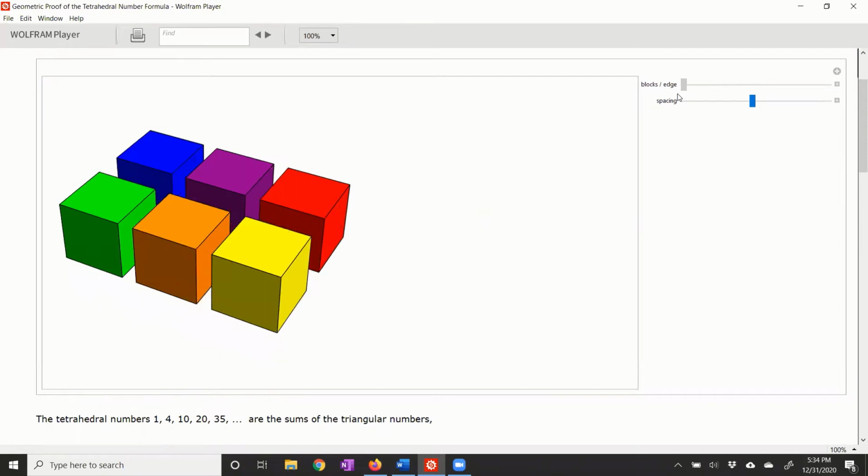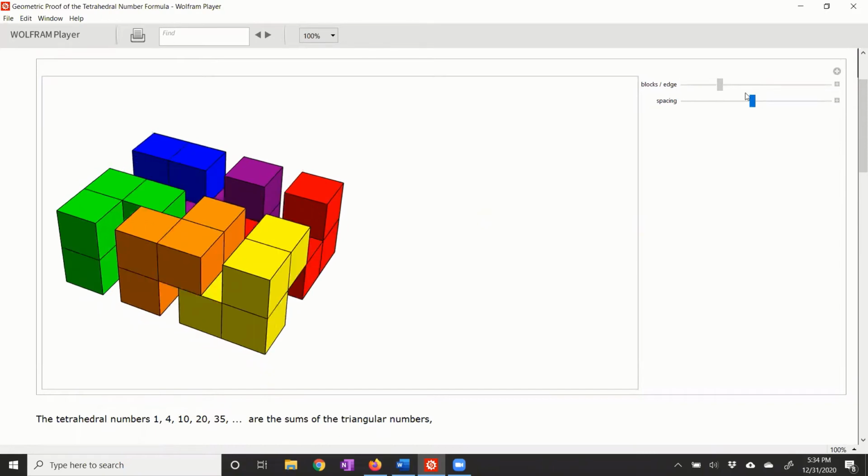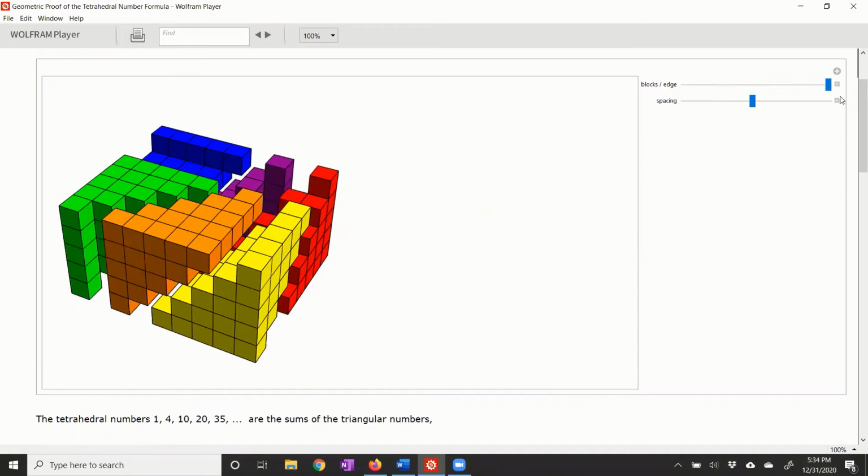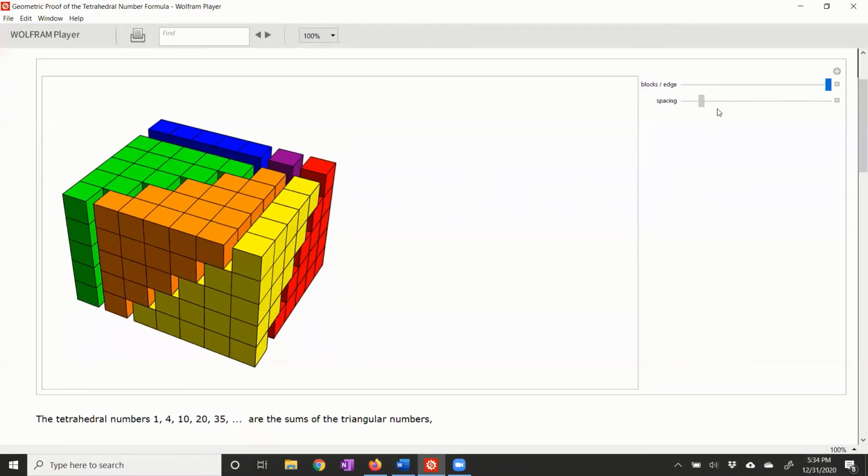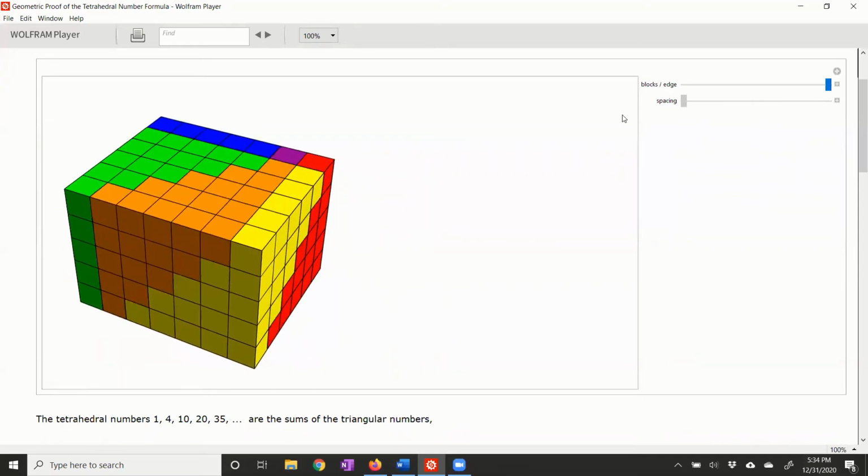I can go all the way down to the simple tetrahedron, or up to a tetrahedron here that has 5 cubes in the base. So this would be tetrahedral number 5, and we have 5 copies of it. The cubes are arranged so that they can fit together nicely, and notice what we get.